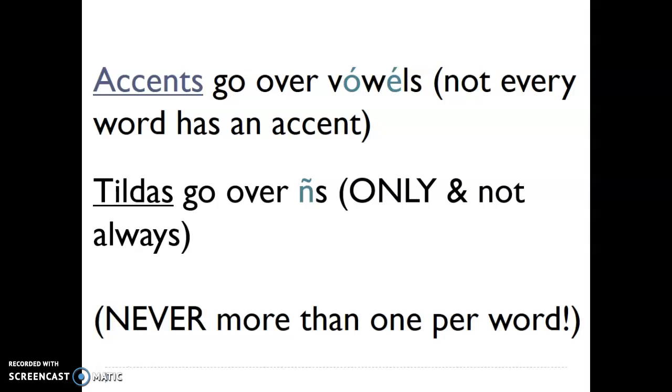Now the point of an accent is to accentuate a vowel sound. So you can hear the difference between papa, P-A-P-A, and papá, P-A-P-A with an accent. Tildes, the N has a different sound when it has a tilde over it. U-N-A is pronounced una. U-N with a tilde A is uña.